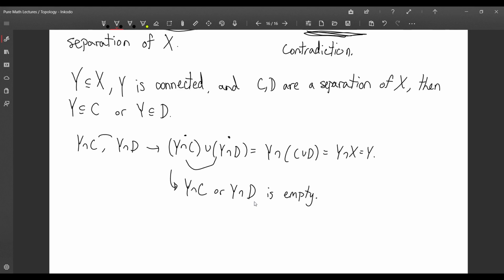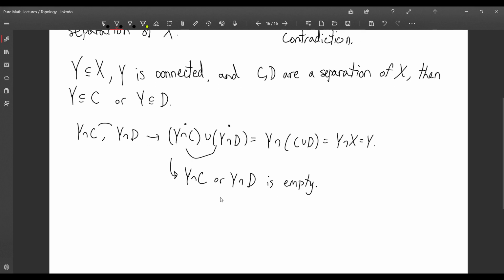And for whichever is empty, Y is contained in the other one, right? So if Y intersect C is empty, then Y is contained in D. If Y intersect D is empty, then Y is contained in C. So this makes use of the fact that these are open in the subspace topology on Y.